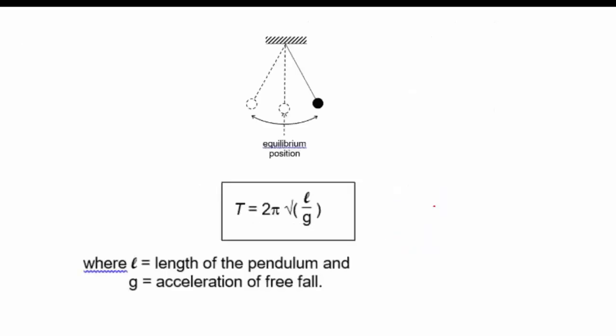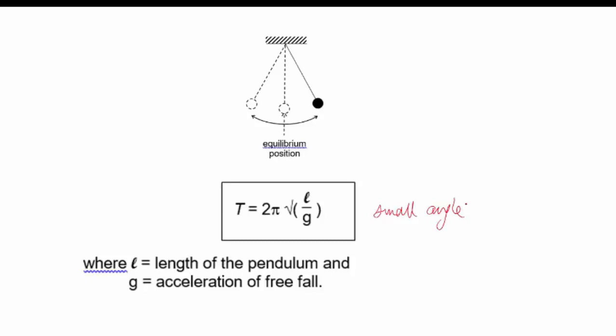Another common example of oscillation is the simple pendulum. This time, the formula is given by 2 pi square root of L over g. It's very similar to the spring mass case. In this case, remember that oscillation must be small angle. When I say small, it is less than 10 degrees.